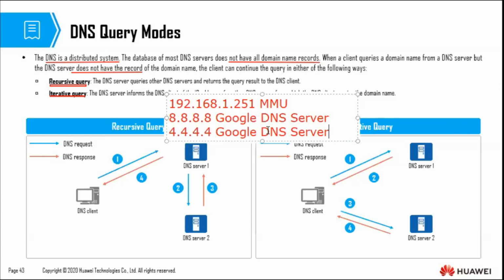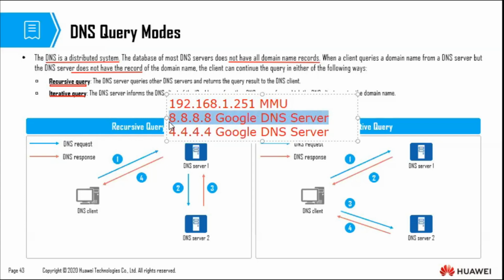So what it means is this: depending on the websites that our students have accessed, our DNS server here will only have mappings between those domain names and IP addresses. So in case a new student comes and enters a domain name whose IP address or mapping the MMU DNS server does not have, it's going to send a request, for example, to the Google DNS server to see if the Google DNS server has that mapping.